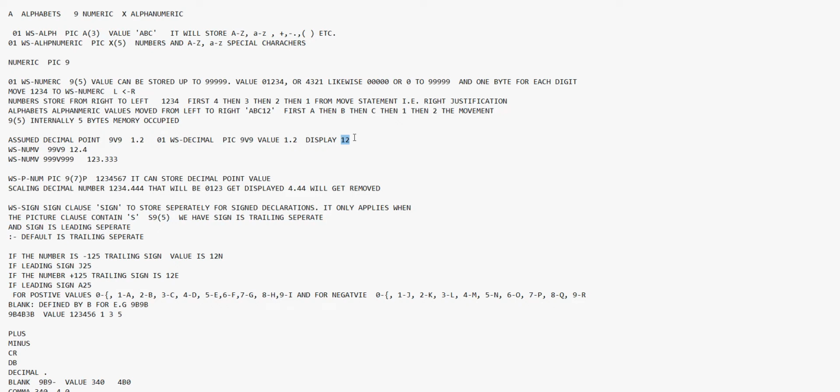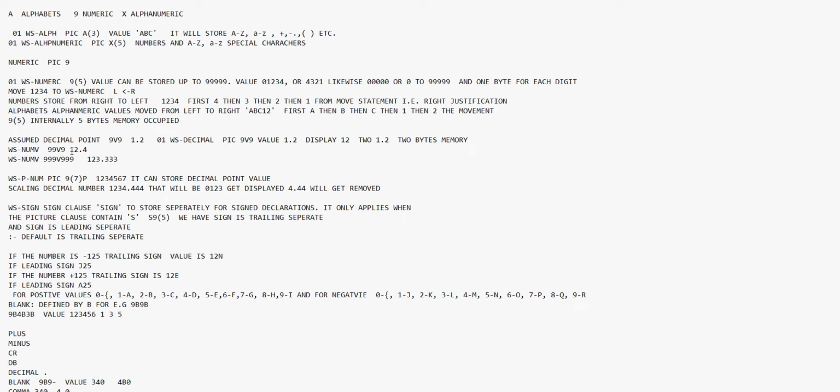That's why it is called assumed decimal, and this V doesn't take a byte internally, so here only 2 bytes. Even though it will be assuming 1 point 2, it will take only 2 digits of memory, that's 2 bytes.